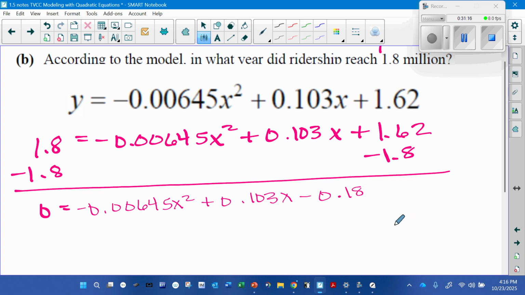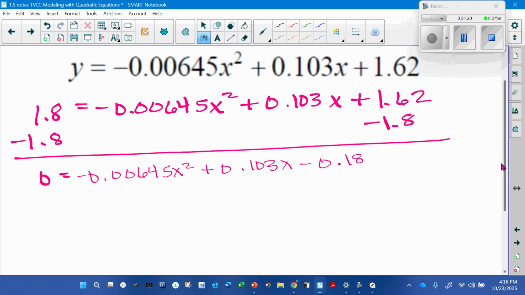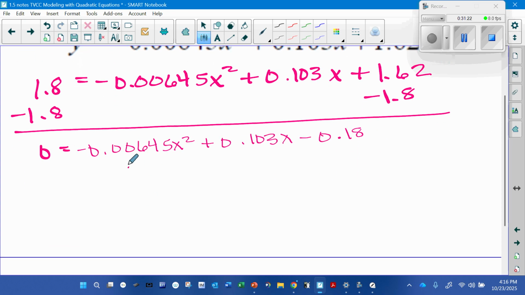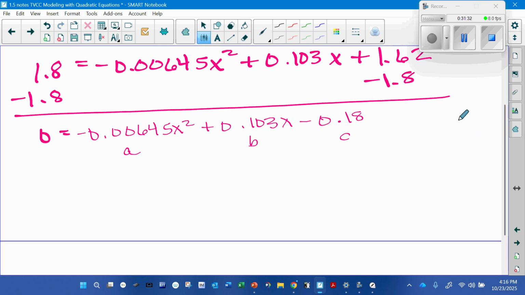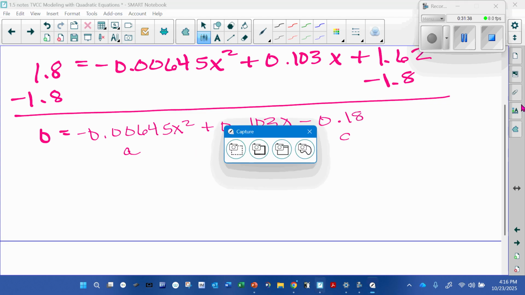So 1.62 minus 1.8 is negative 0.18. Now I have my A, my B, and my C. We're going to plug all of this into the quadratic formula, and it is going to look very messy. So I'm going to do a little snippet to put over here so that you don't have to read my messy writing.